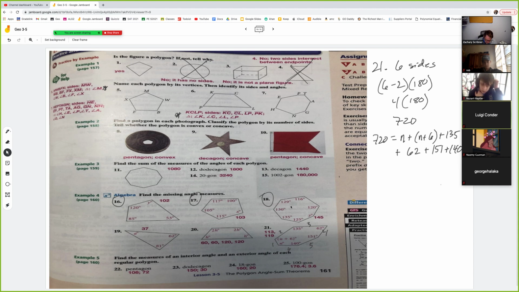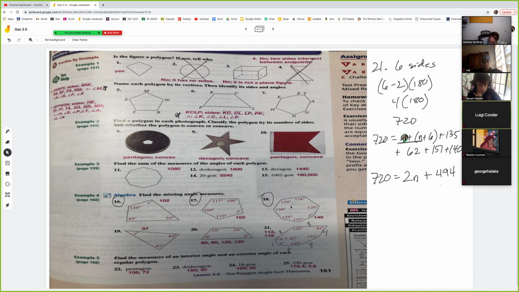So if we add all the numbers together, 6, 135, let's go ahead and add all those numbers together. 6 plus 135 plus 62 plus 151 plus 140. You get 494. So we get 720 equals 2n plus 494.